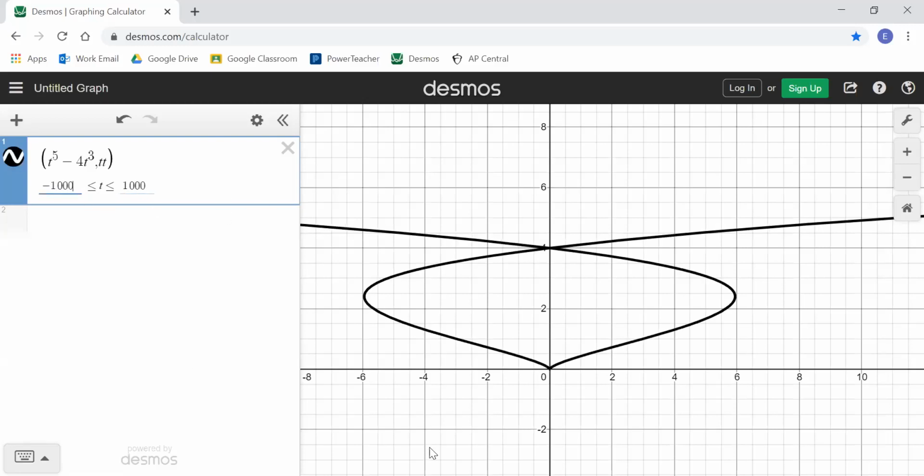So I'm just going to put on some parameter restrictions there of negative 1,000 to 1,000. I didn't give any restrictions on this, which means that we're talking about for all real numbers of t. But putting on negative 1,000 to 1,000 ought to give us plenty of stuff to see here at (0, 4).